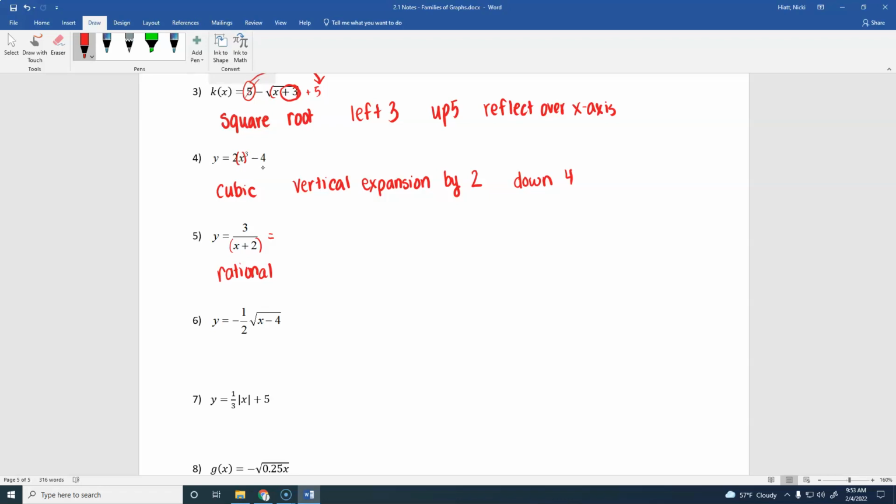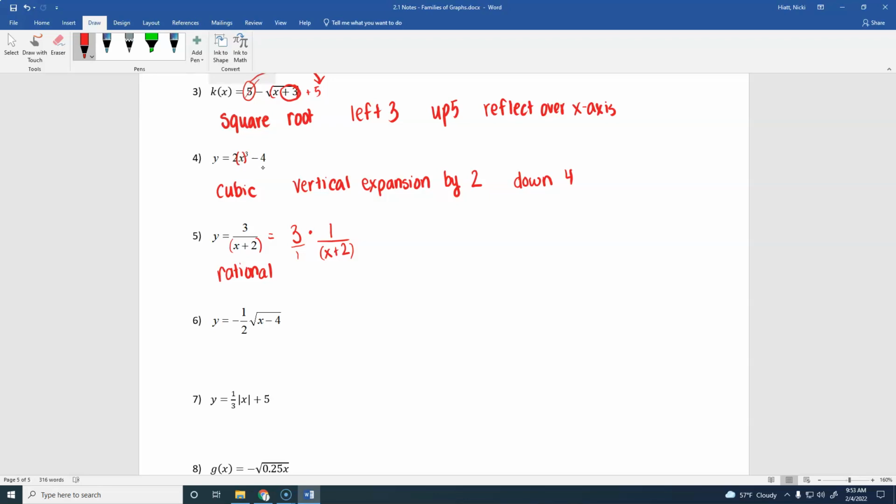It also may be helpful to think of it like this: 3 times 1 over x plus 2. Because this number in the numerator, if I did this, that would be like 3 over 1. If I multiplied it back together, I get the same thing that I started with. So this is a 3 that's being multiplied, even though it doesn't look like it because it's in a fraction, right? So if we have a 3 that's being multiplied, it's on the outside of the parentheses.